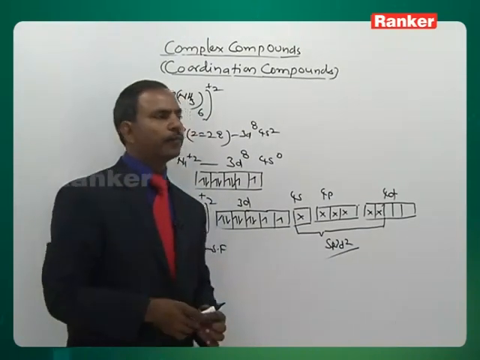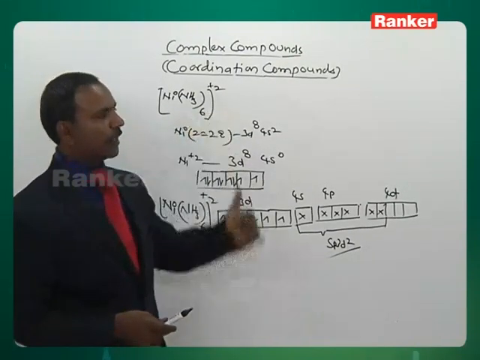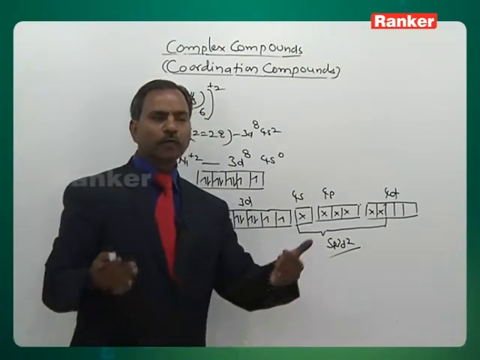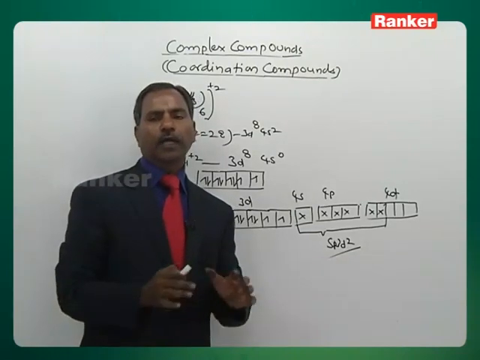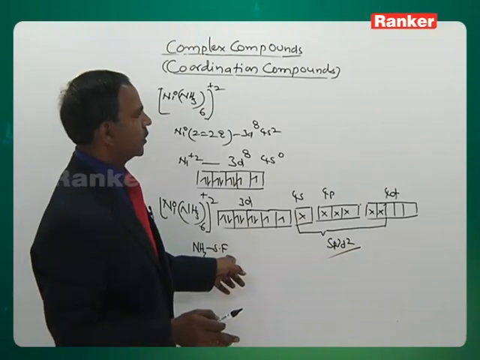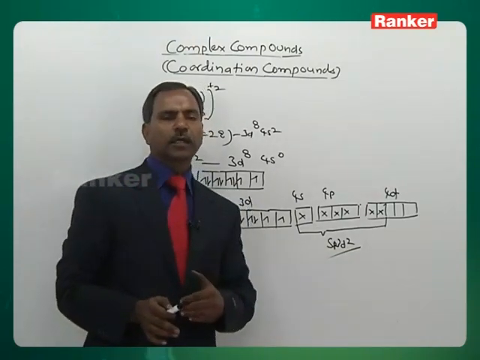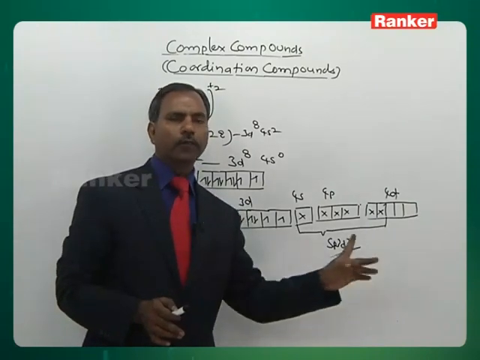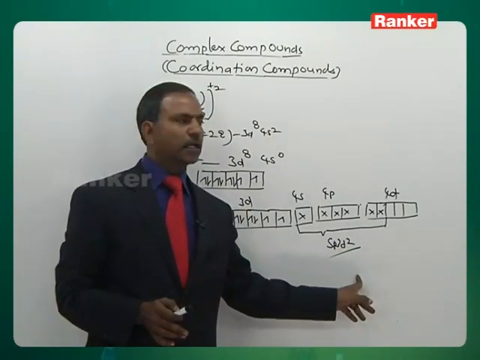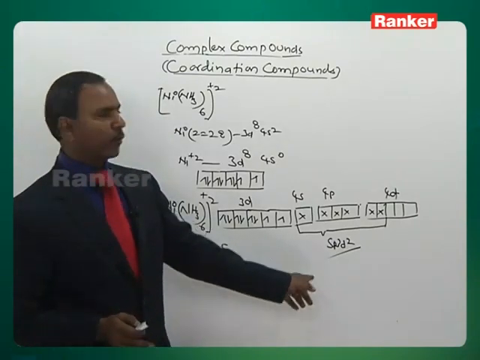Therefore, even though nickel plus 2 d8 has a strong field ligand, the electrons are not getting paired. You have to take this as an exception. In d8 octahedral geometry with strong field ligands, electrons are not getting paired. You get an outer orbital complex, 2 unpaired electrons remain, and 2.8 is the magnetic moment.